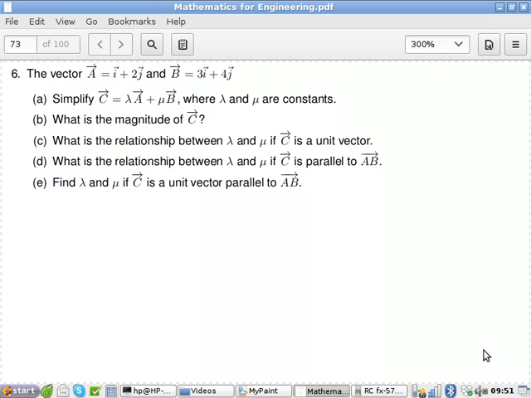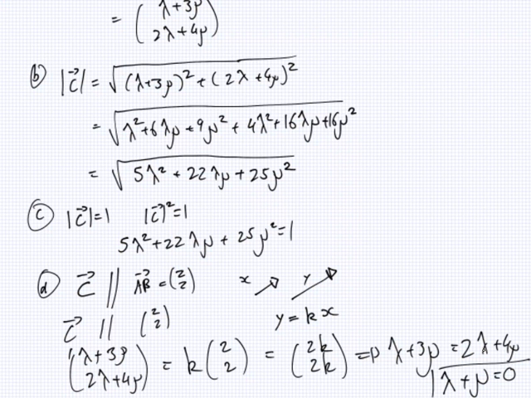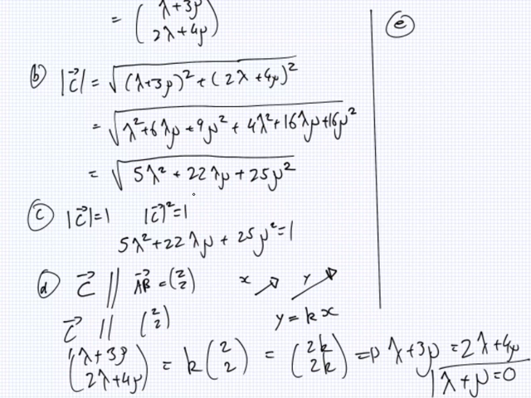Find lambda and mu if C is a unit vector parallel to AB. So the last part here is it's parallel and a unit vector. Well, if it's parallel, we've just said lambda plus mu must equal 0.